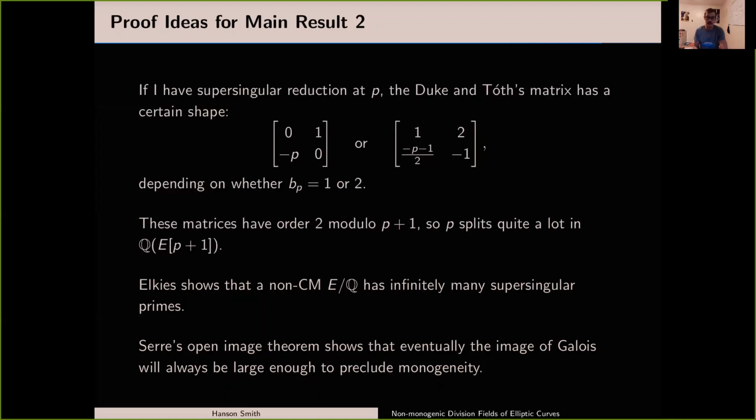So eventually, the image of Galois is always going to be big enough so that we don't have enough irreducible polynomials in FP adjoint X of the correct degree to accommodate the splitting of P. So this shows there are infinitely many n for which that are non-monogenic. Specifically, n looks like P plus 1 for supersingular primes that are big enough.